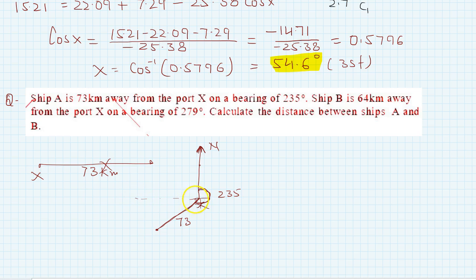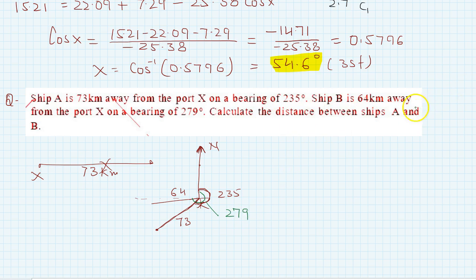And this is 280, so roughly this is 279. And this is 64 km away. So if this is 73, this is 64, and this green angle is 279.